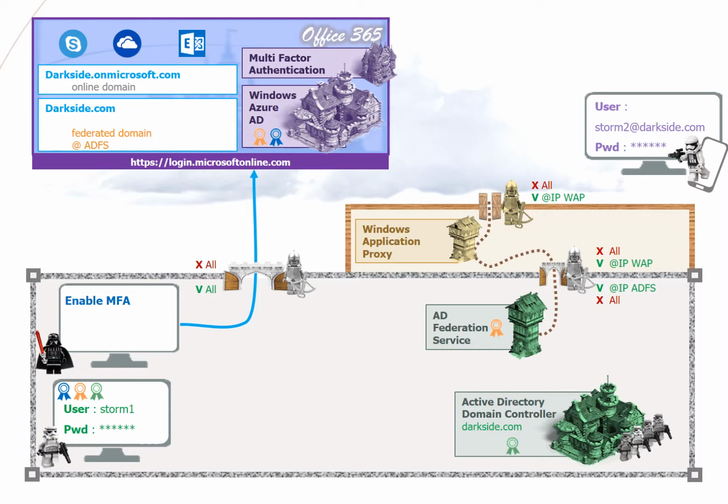That is only if you want to install it on-premise on your WAP, or if you need to use the MFA for other Windows applications than Office 365, some built-in application in your company, or if you want to use advanced MFA options. As you will see in this video, the free MFA with no advanced feature can be more than enough for only Office 365, so for today I will only explain the free one.